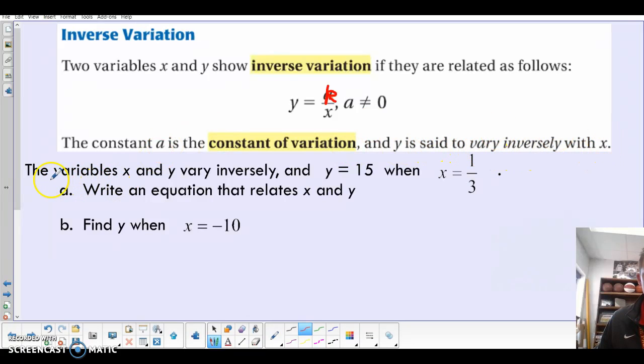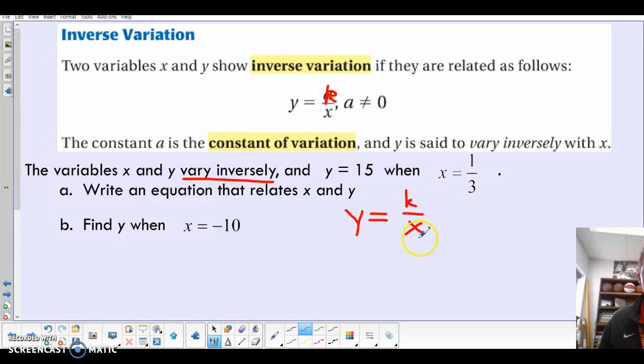Instructions tell us the variables x and y vary inversely, and y equals 15 when x equals 1/3. Write an equation that relates x and y. If they vary inversely, then I know that, just for starters, y is going to equal some number divided by x. I'll use k, you could use a, it doesn't really matter.